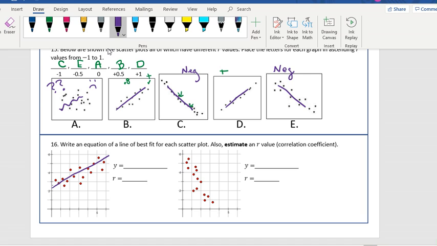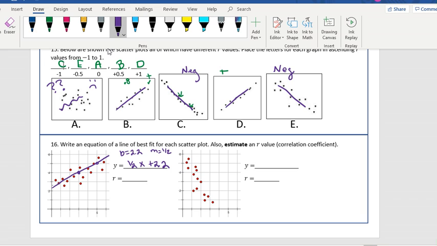This looks like it may be hitting at 2.2. So B equals 2.2, and we need to have, there's one, rise is 1, run is 2, so M is 1/2. So I would say 1/2 x plus 2.2, and this is not horrible.